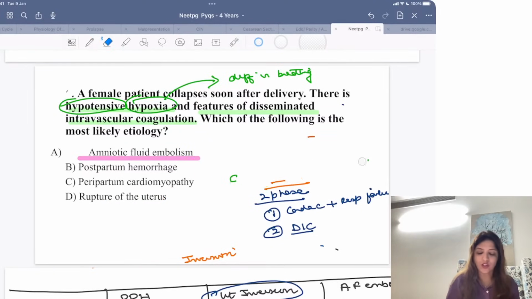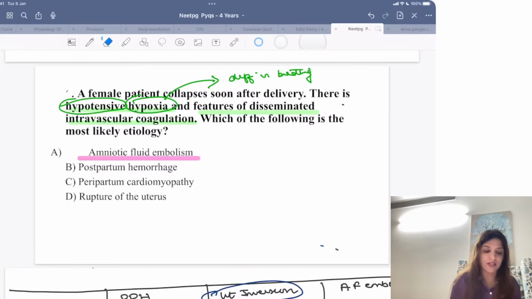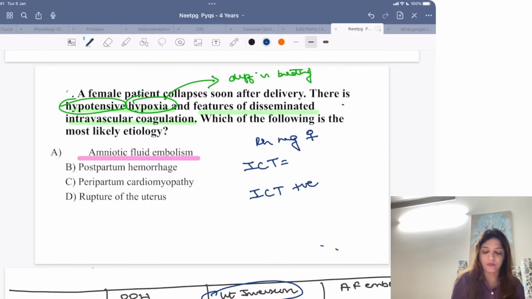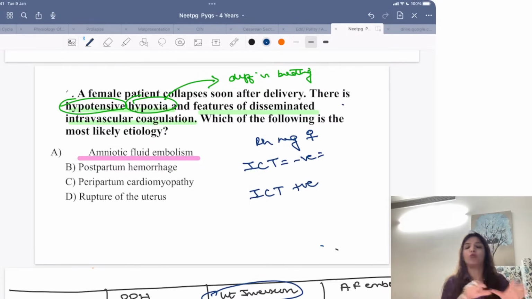Now comes the next question which you have asked me, and that is, why in Rh negative females, if indirect Coombs test is negative and if indirect Coombs test is positive, there are different ways of cord clamping. Indirect Coombs test negative, what does that mean? It means that just now the fetal blood has not entered the mother's blood and the mother has not yet made antibodies against the fetal Rh antigen.